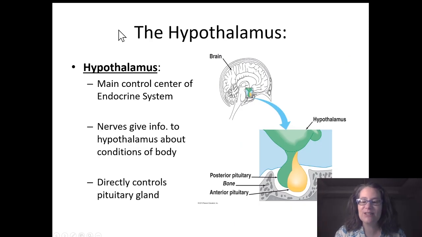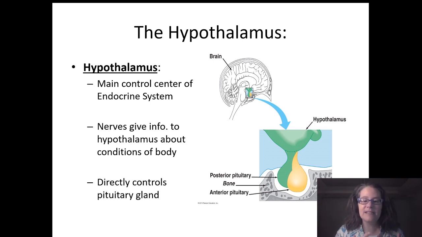All right, we're going to start with the brain at the top of the body and then work down slowly. We'll do the brain in this first part, and then we'll do all the rest of the glands and hormones in part 2 of the endocrine system. So let's start in the center of the brain and the top of your head with the hypothalamus. This is kind of the master gland inside of the endocrine system.